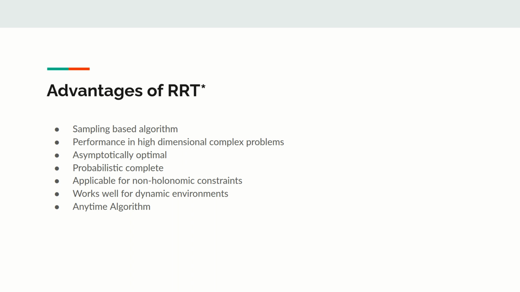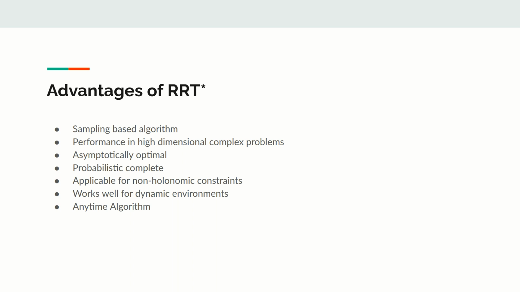They are also probabilistically complete, which means they can find the solution before time equals infinity. RRT star is easily applicable for models with non-holonomic constraints. They work really well in dynamic environments since points are sampled on the fly. It is an anytime algorithm, which means that it provides a solution at any point of time whenever the algorithm is terminated.